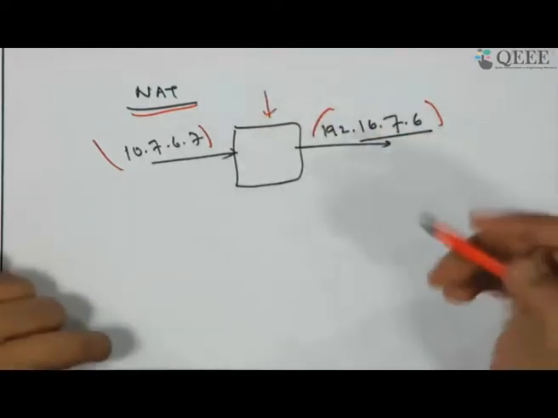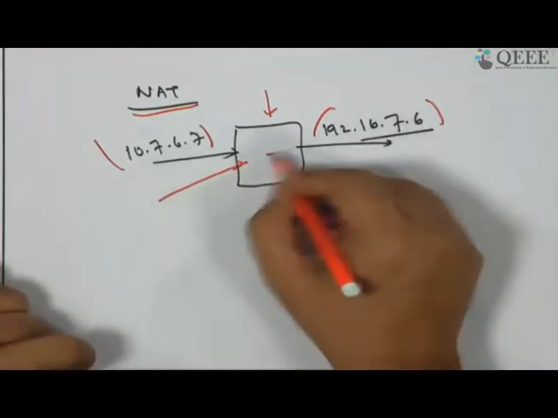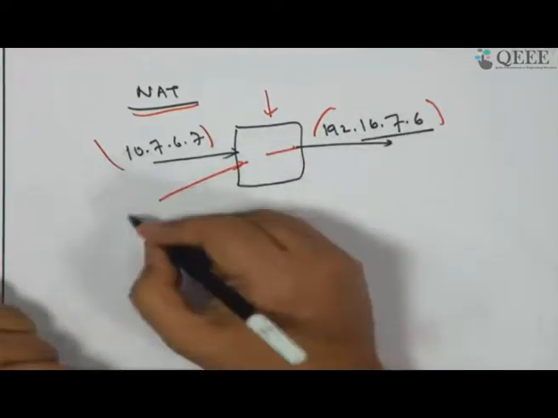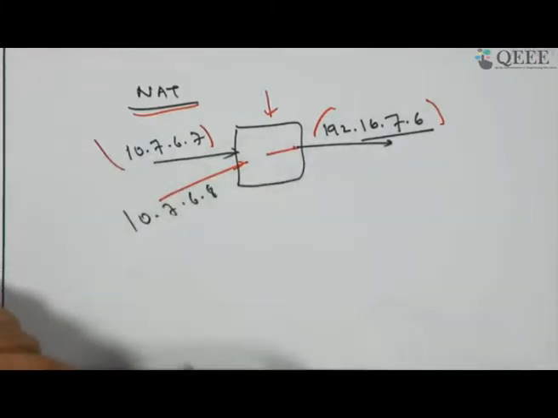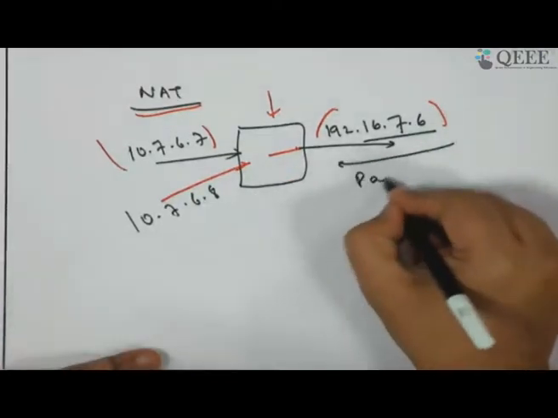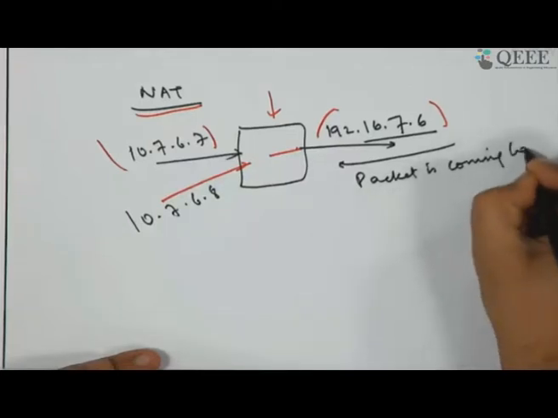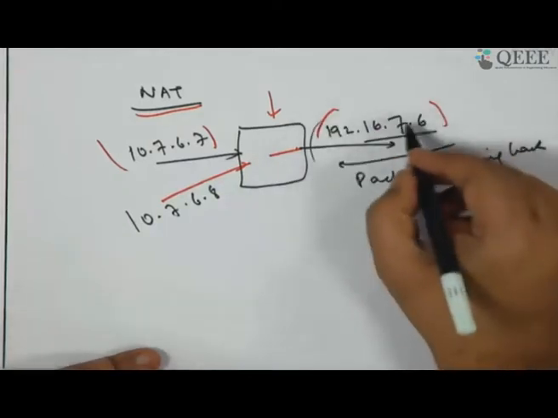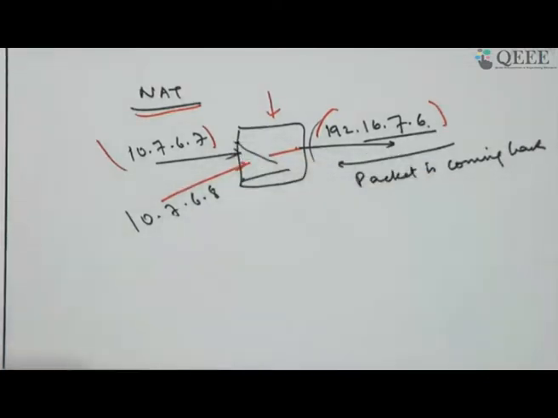So this is fine, but then the question would be that many others will also get the same address. Many others, like another 10.7.6.8, will also get the same address. Then how, when a packet is coming back with 192.16.7.6, it can be for this and it can be for this.